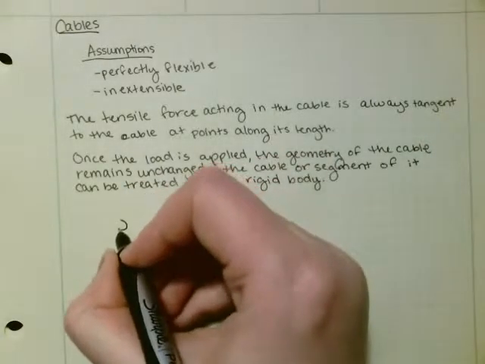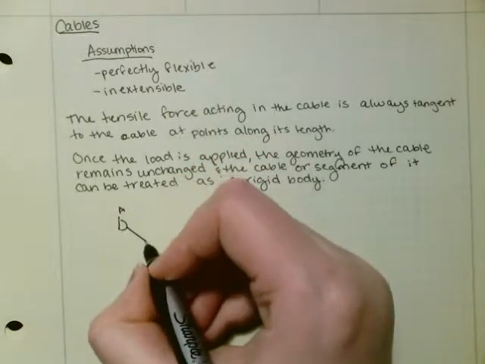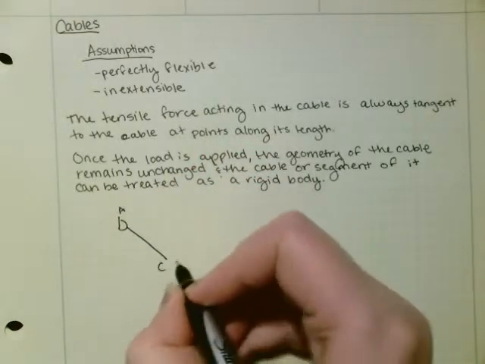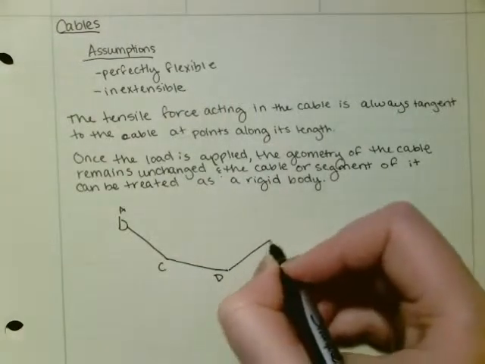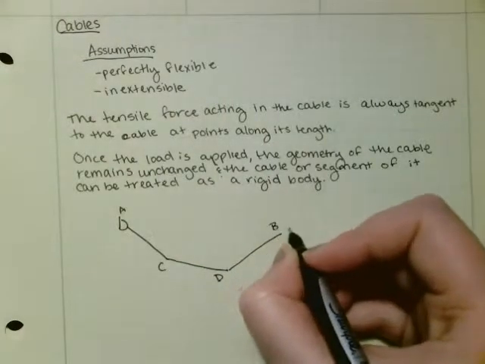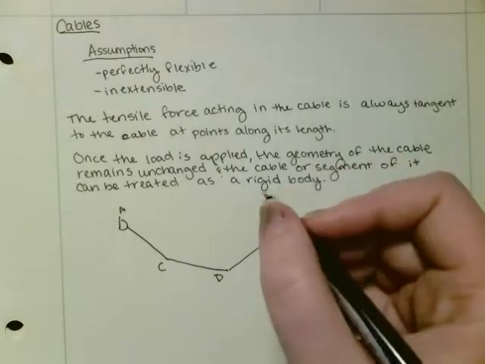So let's say we've got a hook at A that there's a cable attached to. It goes down to point C. From C it goes down to point D. From D to point B, also attached to a hook right there.